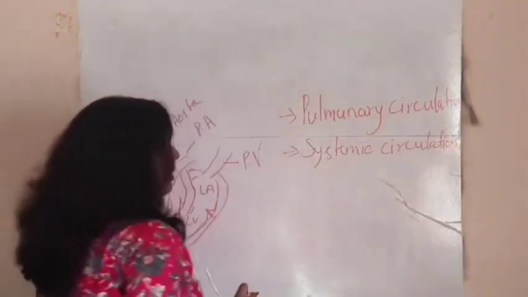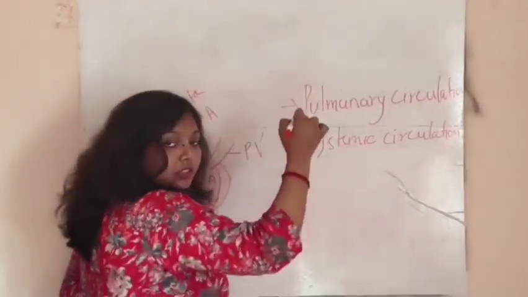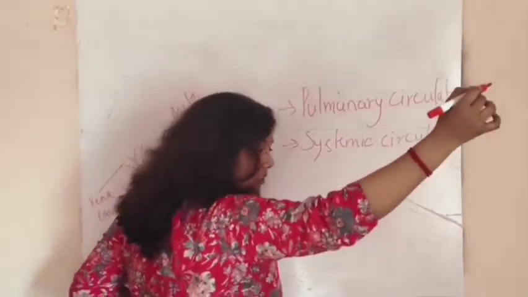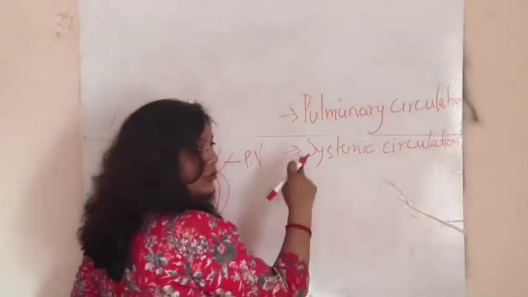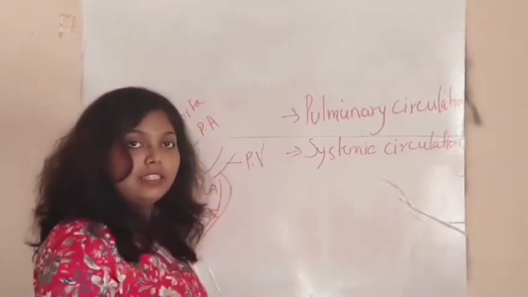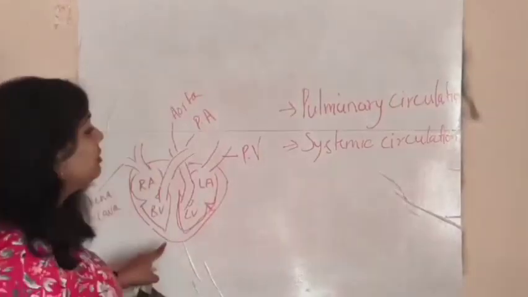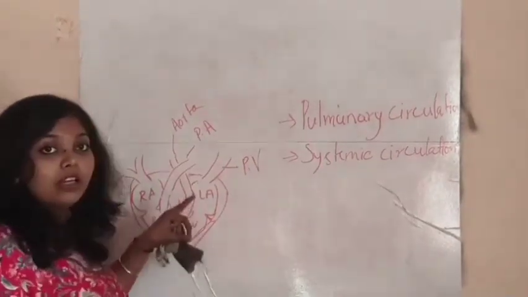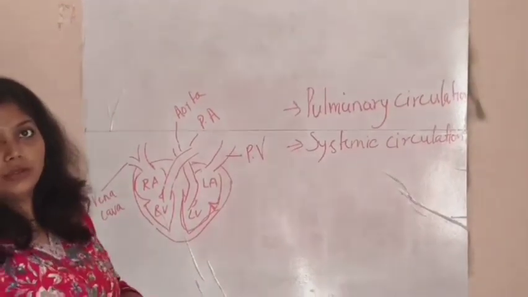Okay, simple. We have two names. When deoxygenated blood goes to the lungs, gets oxygenated, and comes back to the heart, it is pulmonary. When the oxygenated blood goes to the body, gets deoxygenated, and comes back to the heart, it is systemic. We know which blood vessel carries which blood, which ventricle is pumping what blood to which artery, and which vein is carrying what type of blood to the heart.